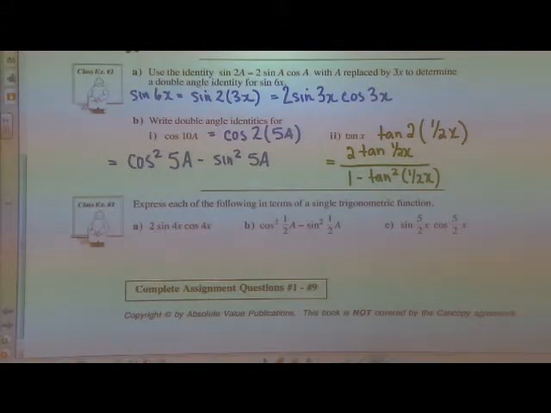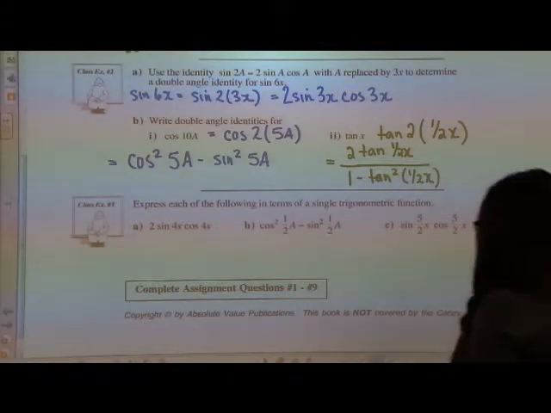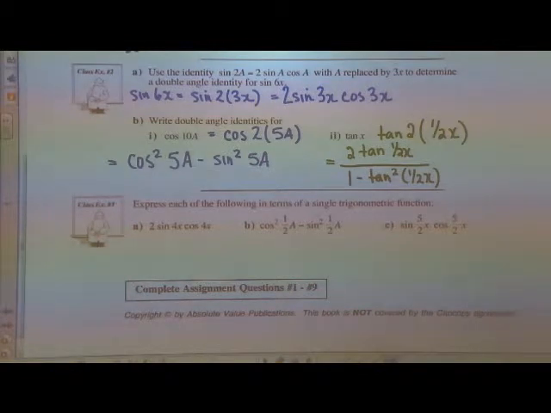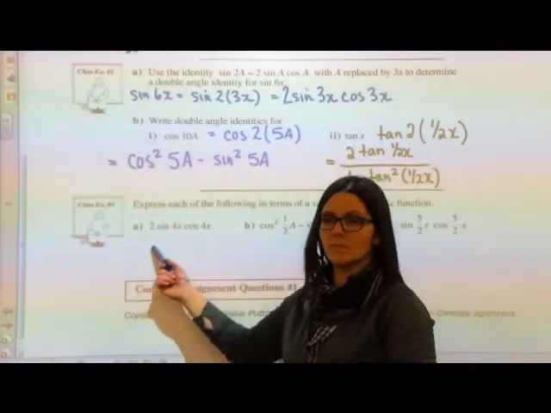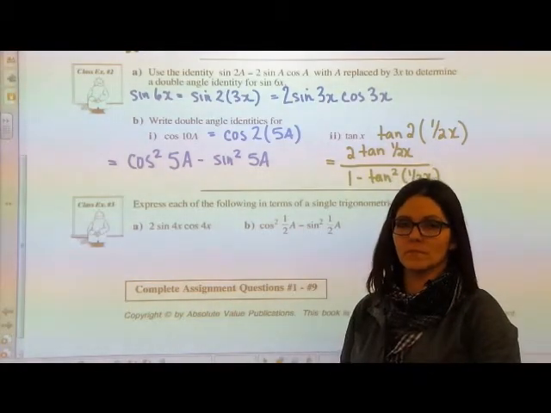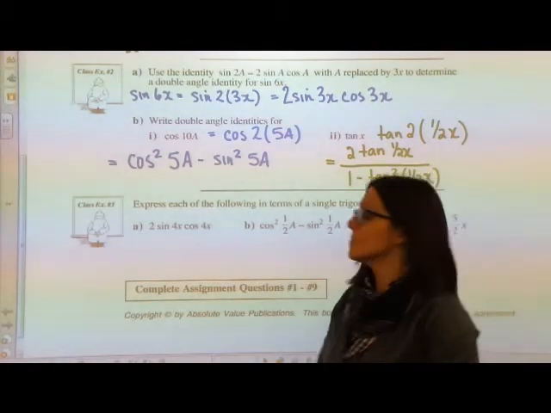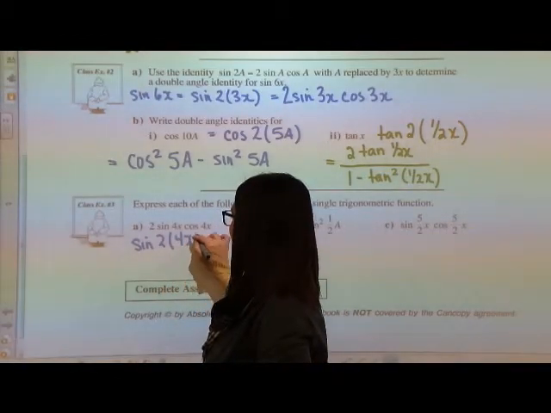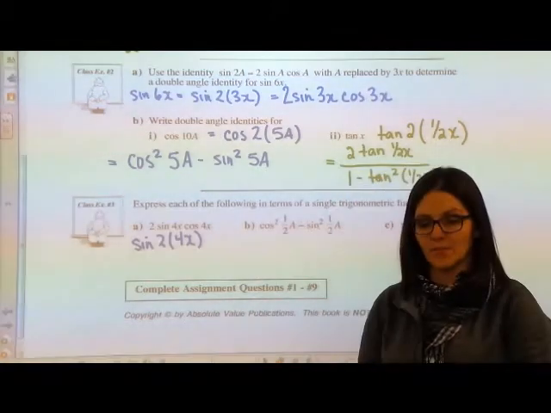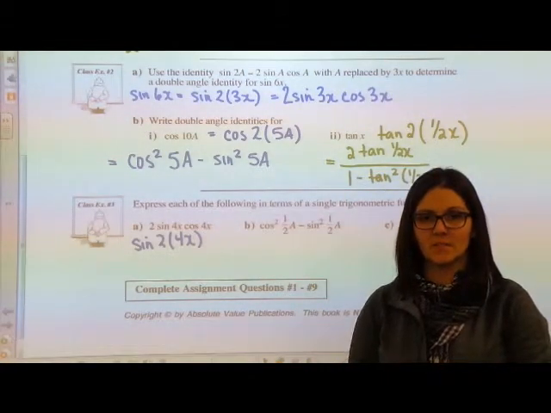Okay, class example number 3. Express each of the following in terms of a single trig ratio. So if I have 2 times sine 4x cos 4x, what is this equal to? Sine 2a, which is 4x. And what's 2 times 4x? 8x.